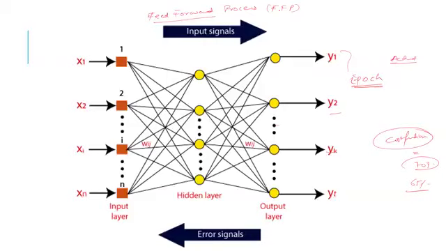Okay. And from the output layer to the input layer, when the information is passing, that is known as the back propagation process, which we call BPP. Okay. And one feed forward and one back propagation process is considered as one cycle, which we call an epoch.